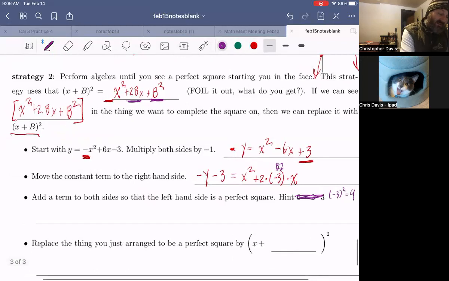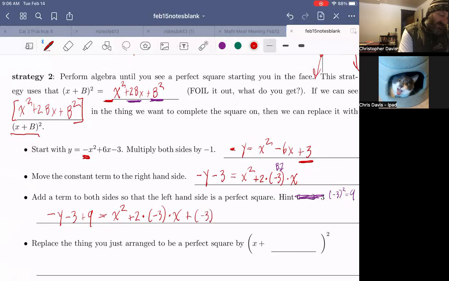Adding 9 to both sides, I'll see negative y minus 3 plus 9 equals x squared plus 2 times -3 times x plus -3 squared. That's right, that's equal to 9. Those two things are equal to each other. And here's the whole point.